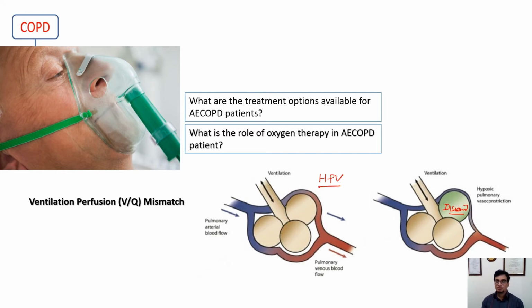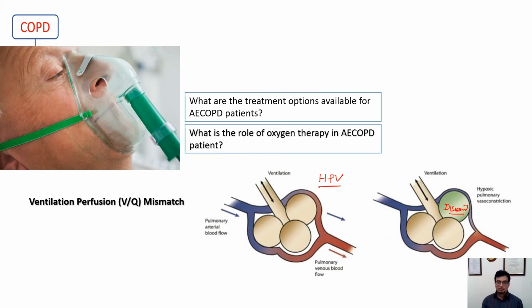So this beneficial hypoxic pulmonary vasoconstriction response is gone when you are giving high oxygen concentration, and this vasodilation will cause a mismatch between ventilation and perfusion in good alveoli.